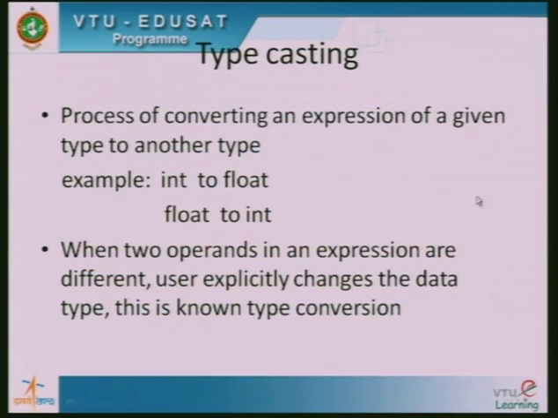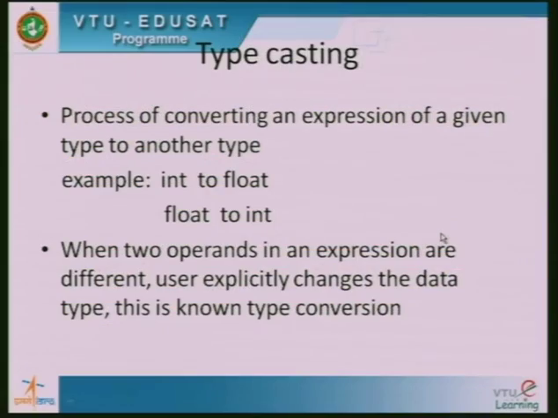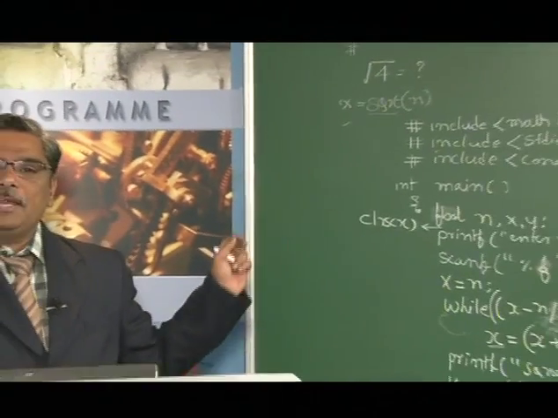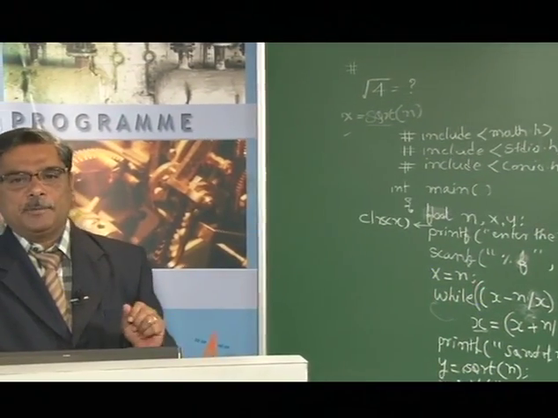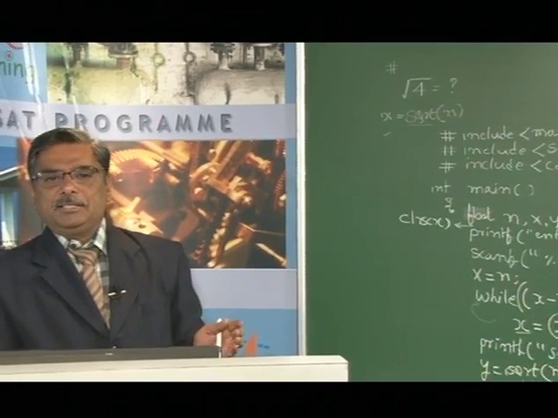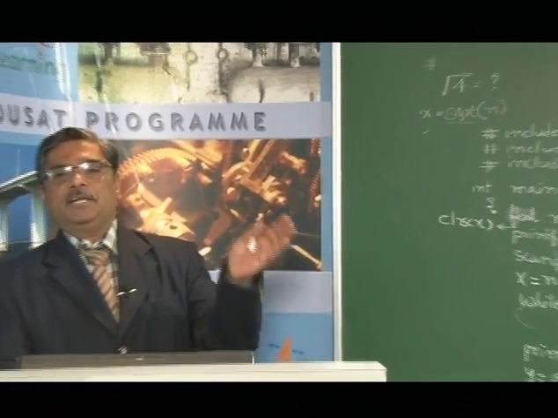Another interesting feature available in C programming is typecasting. Up to now you used some variables as int and some variables as float in your programming. Sometimes you require an integer variable to be converted into float, and a float variable to be converted into integer. These situations arise in your program.